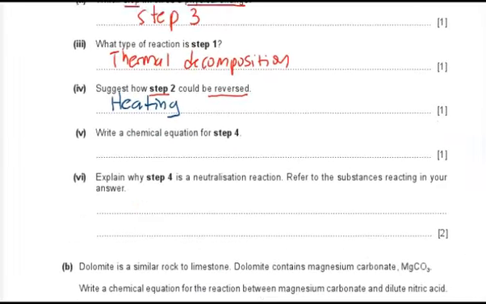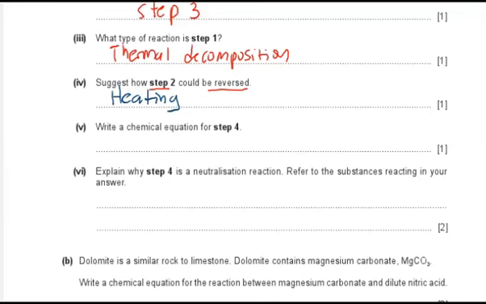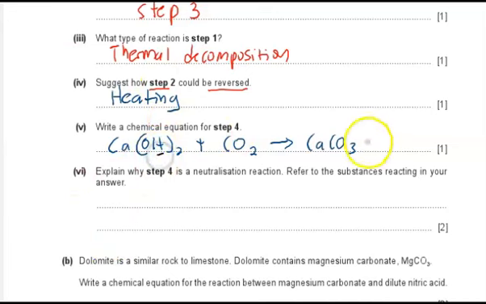Write it down. So here will be calcium hydroxide, you add carbon dioxide to form calcium carbonate, and then the H here will form water.